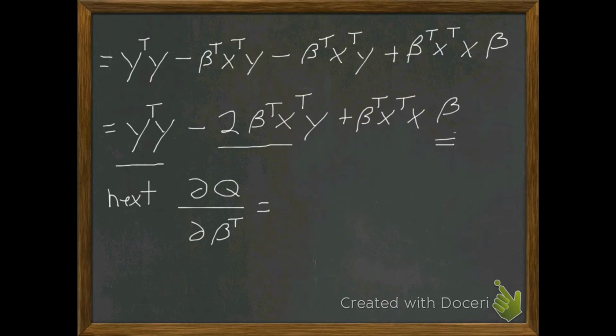This term right here with respect to beta transpose will of course be negative 2 x transpose y. And this term right here, with respect to beta transpose, we have x transpose X beta. Works out nicely because we want to ultimately solve for beta.